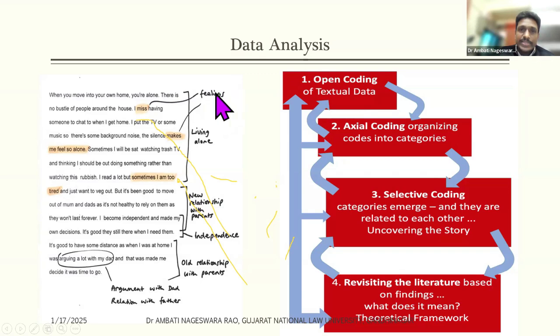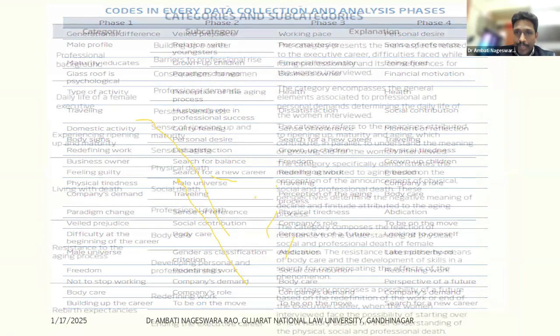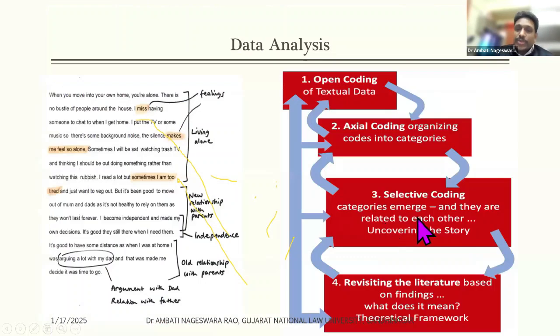You start coming up with the significant findings, meaning you start generating the codes. Once you generate the codes, you start connecting the codes. That is nothing but axial coding, meaning you start organizing the codes like this: phase one, phase two, phase three, and you start connecting the codes. As you start connecting the codes, categories are going to emerge.